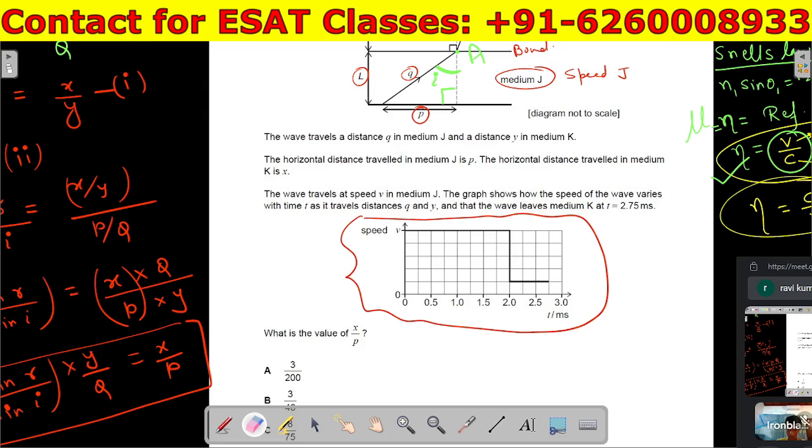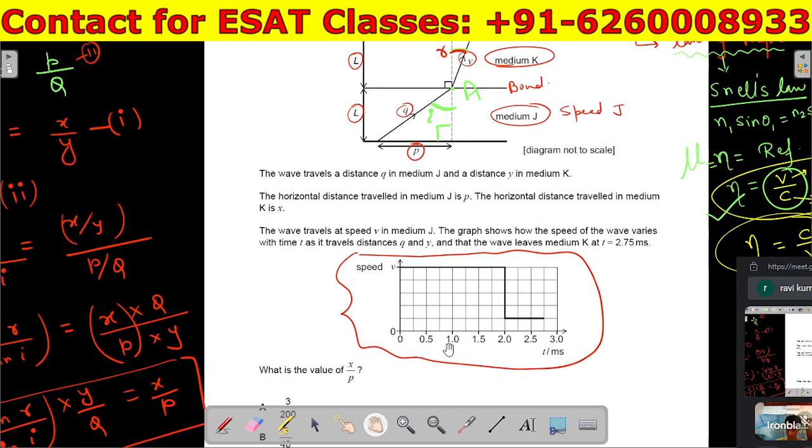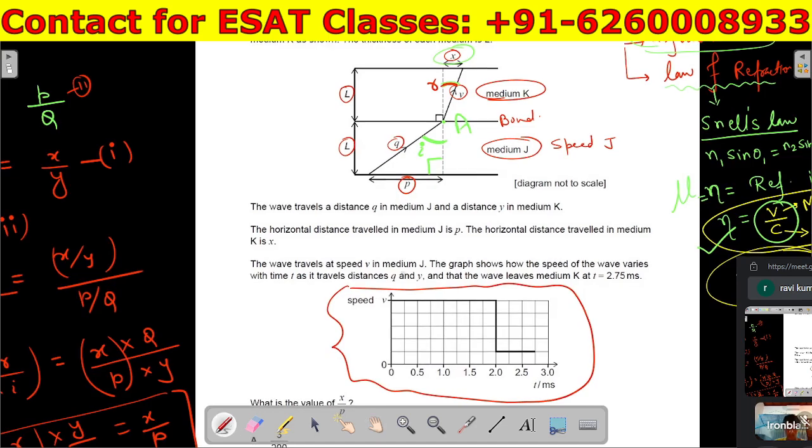Okay, let us try to understand what it is. This is saying that the wave travels at a speed v in medium j. So we get that there is no speed mentioned here.